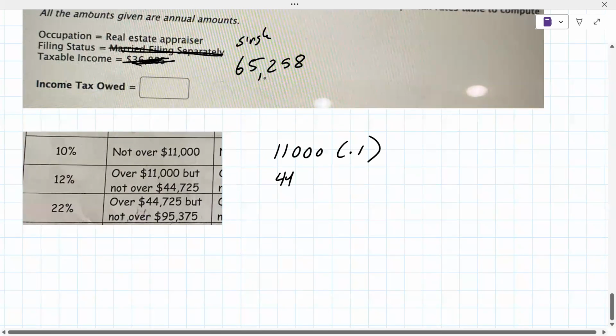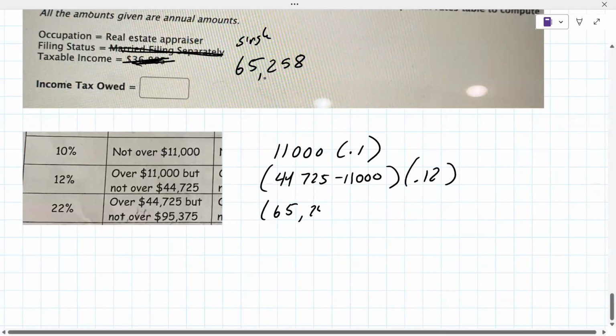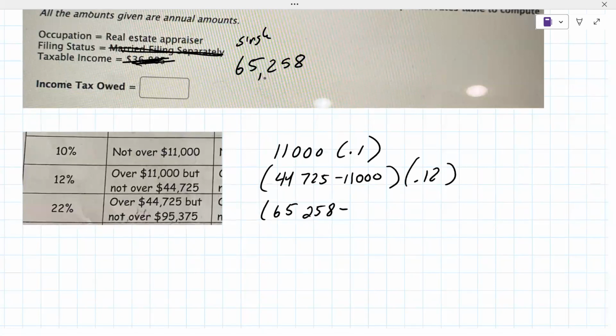So it's 44,725 minus 11,000 times 0.12. Then the next chunk of money, 65,258, subtracting out the 44,725, you're paying 22% on that.